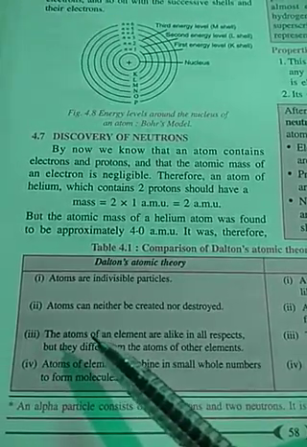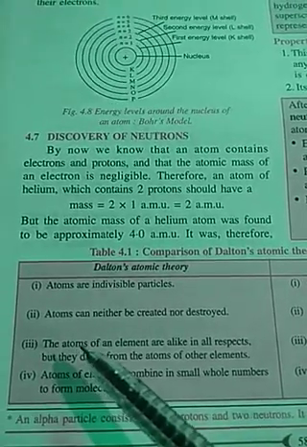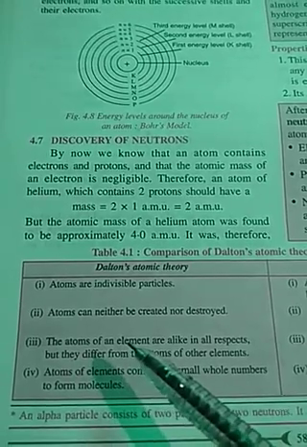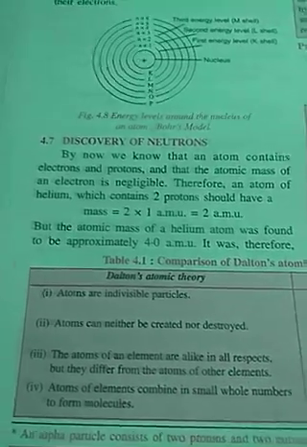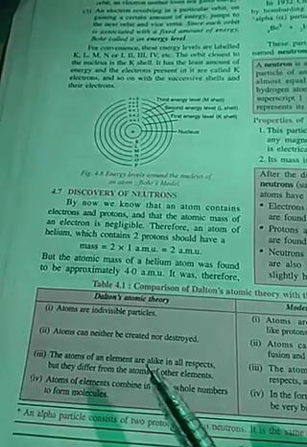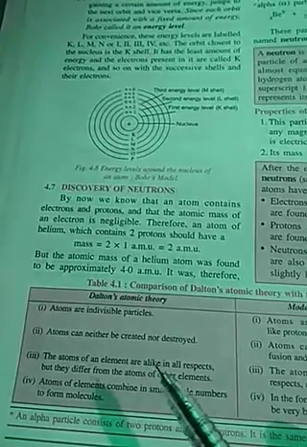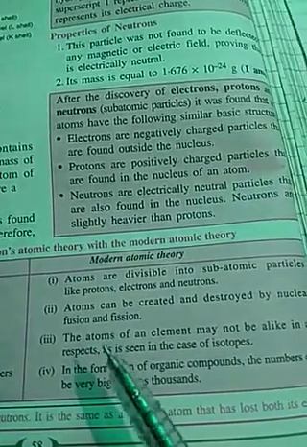Now come to the first line. Dalton had said atoms of an element are alike in all respect, meaning all the atoms of any element will be identical. But what does the modern concept say?